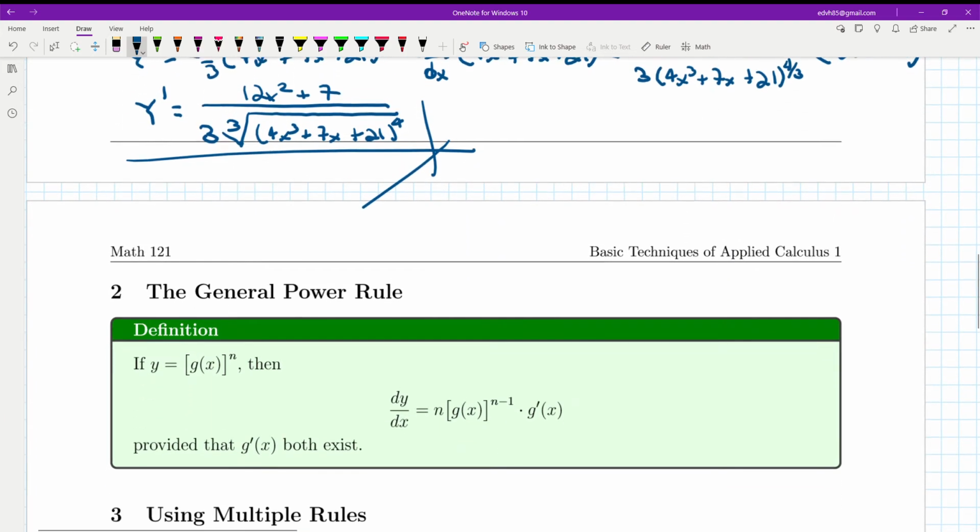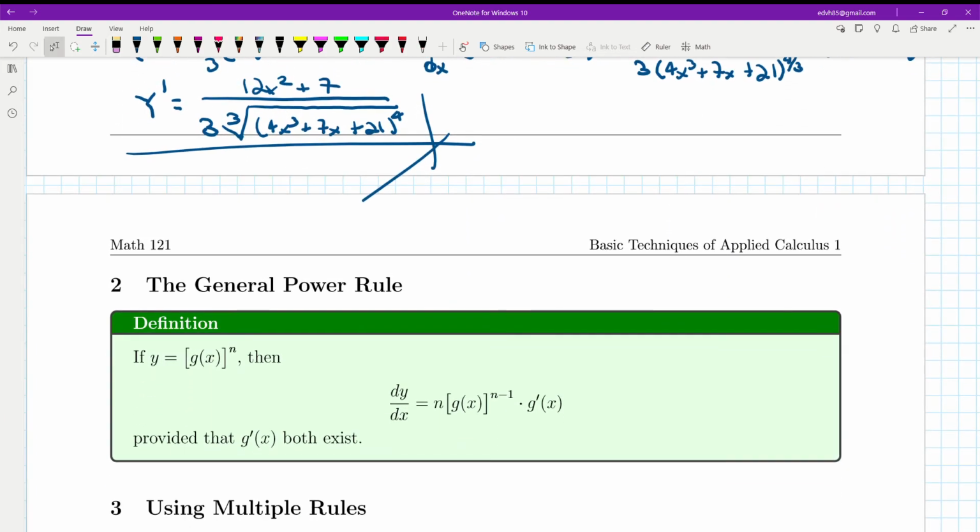Again, another way to visualize the chain rule is to consider the general power rule. You have some function g of x to the nth power. Essentially, we are doing the general power rule that we did for differentiating x to the n.